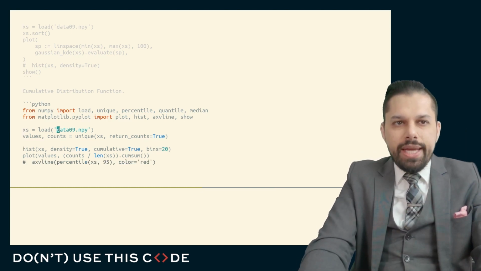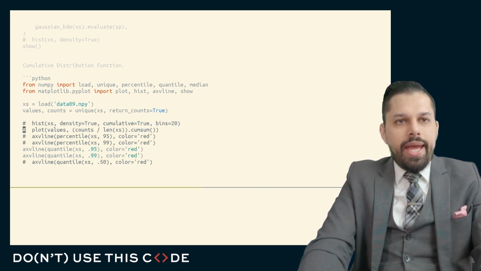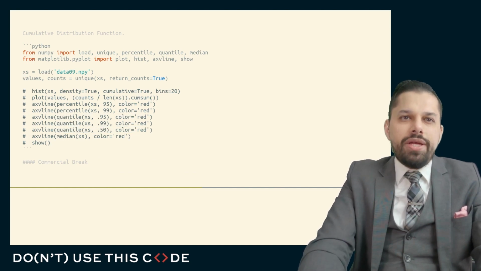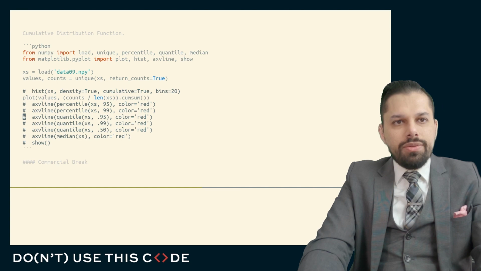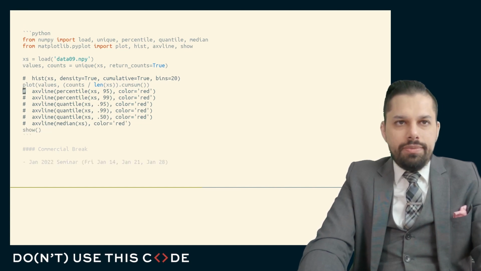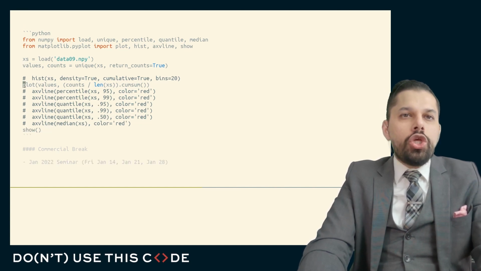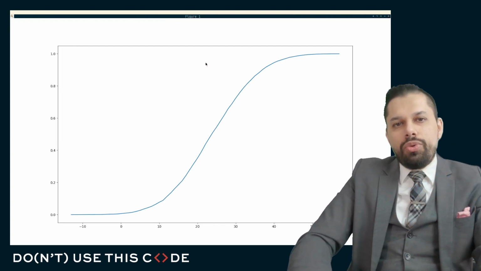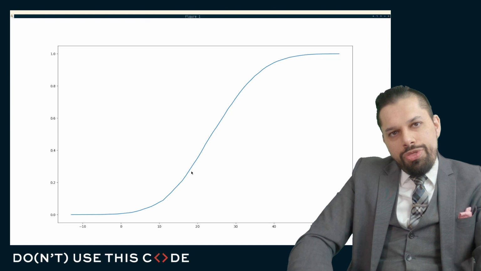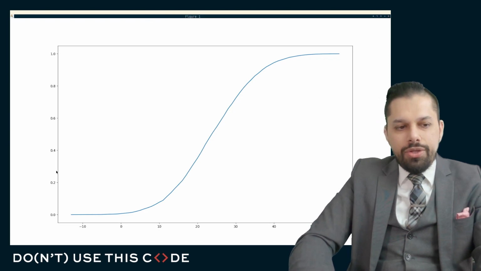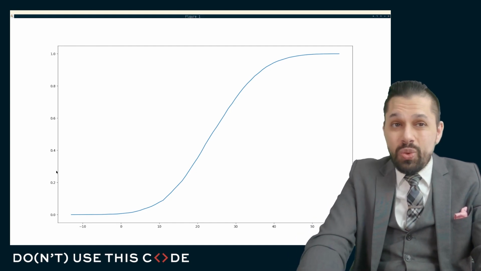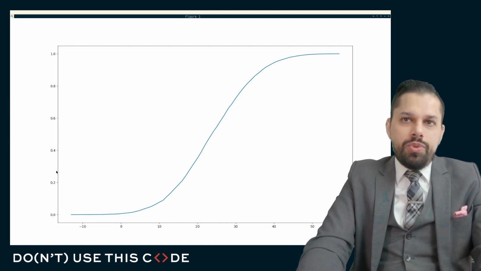And so if we take our data set and we compute the unique values of this data set, and we plot the cumulative sum of all the values that were under a certain point. So you can see here, this is the cumulative value, or the cumulative percentage of all the values that were under this point, under 20. This is what the cumulative distribution function gives us.